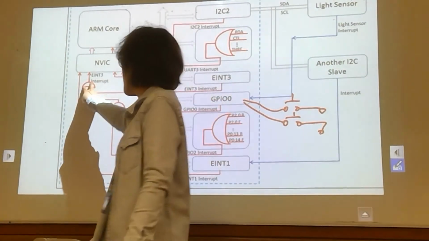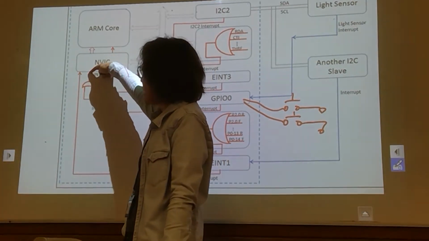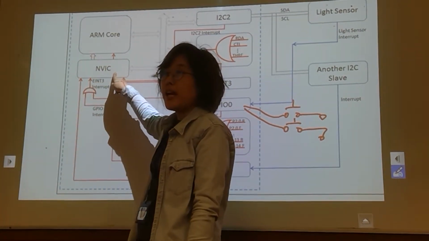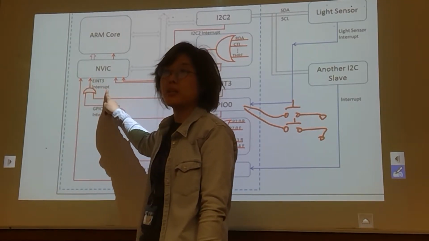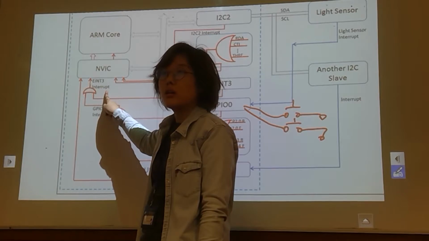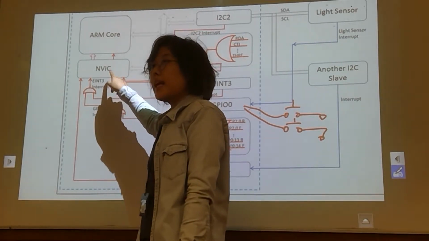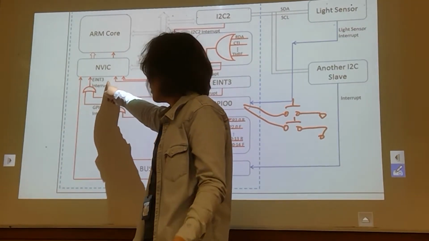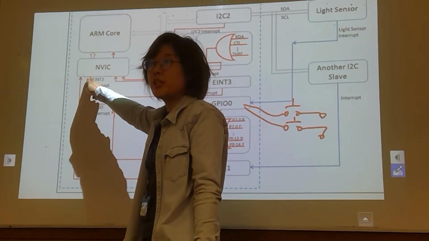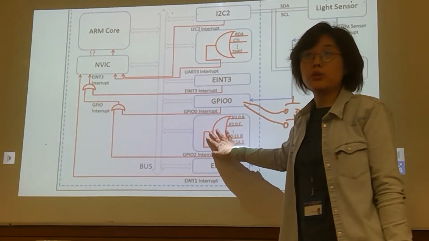Once the two merge together, whatever data the NVIC receives from here, it considers as an ENT3 interrupt. Can you see that? For the NVIC, it cannot differentiate whether the interrupt coming from here is from ENT3, GPIO0, or GPIO2.